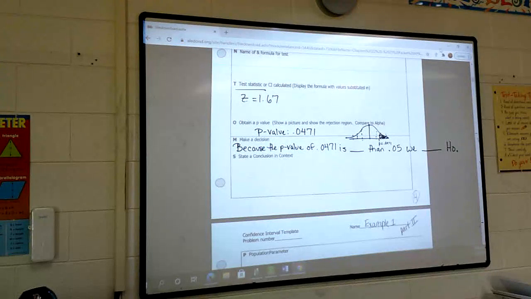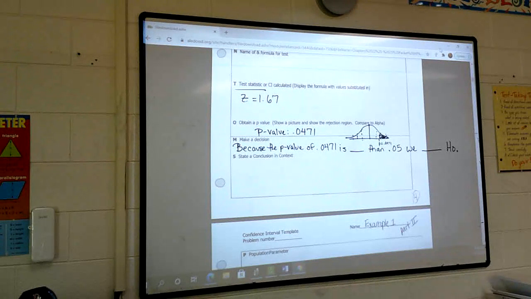So if the p-value is less than 0.05, you reject the null hypothesis. If the p-value is greater than 0.05, you don't accept it, you fail to reject it, meaning that there's a greater than 5% chance that it's still true, but that doesn't mean that we accept that it's true. It just means we don't have enough evidence to say that it's not true.